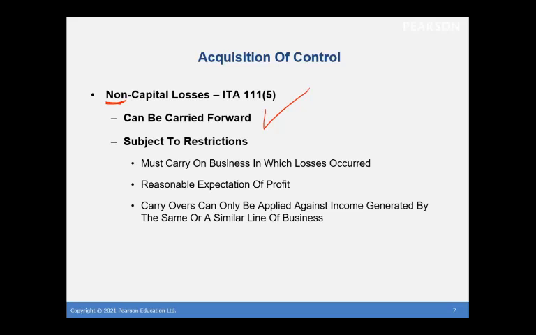So you must carry on the business in which the losses occurred. Obviously, there has to be a reasonable expectation that you could have profited. And here's the main one: carryovers can only be applied against income generated by the same or similar line of business.